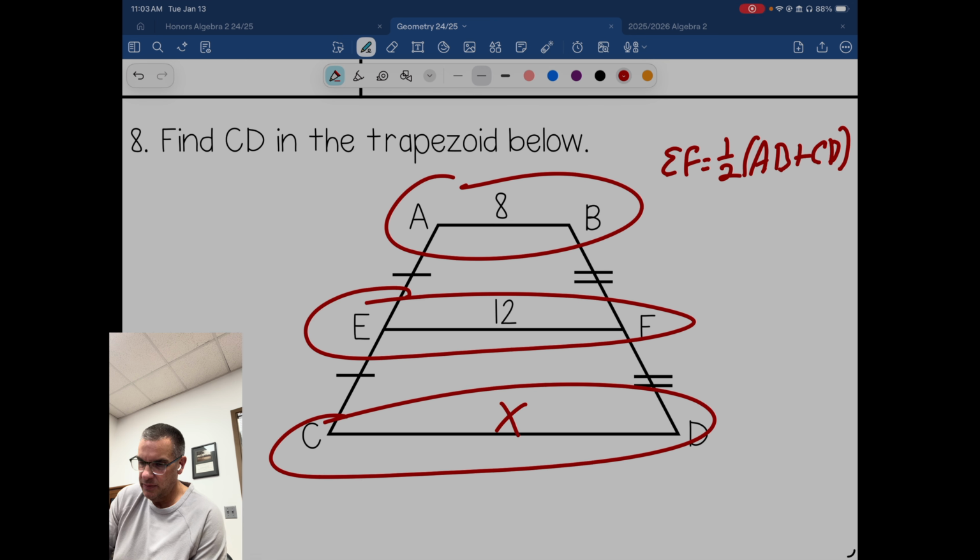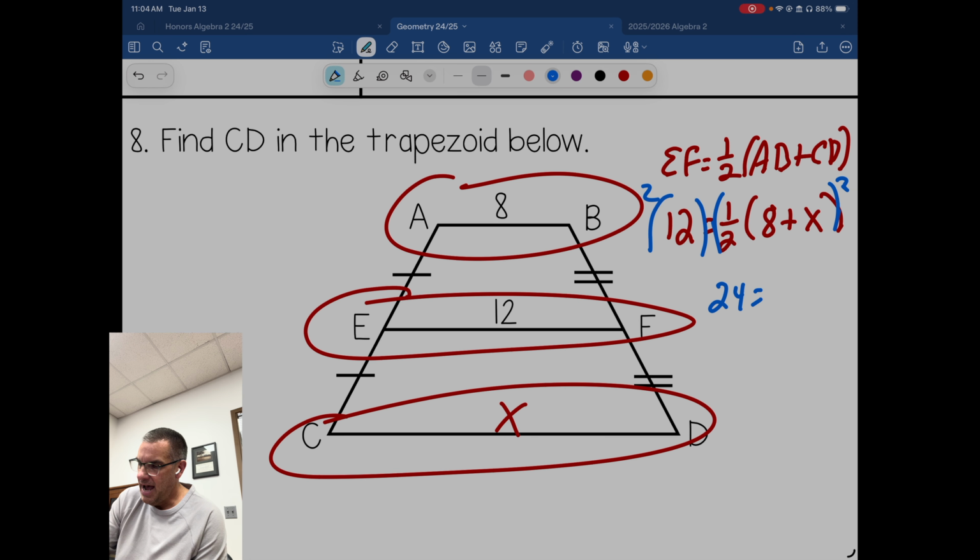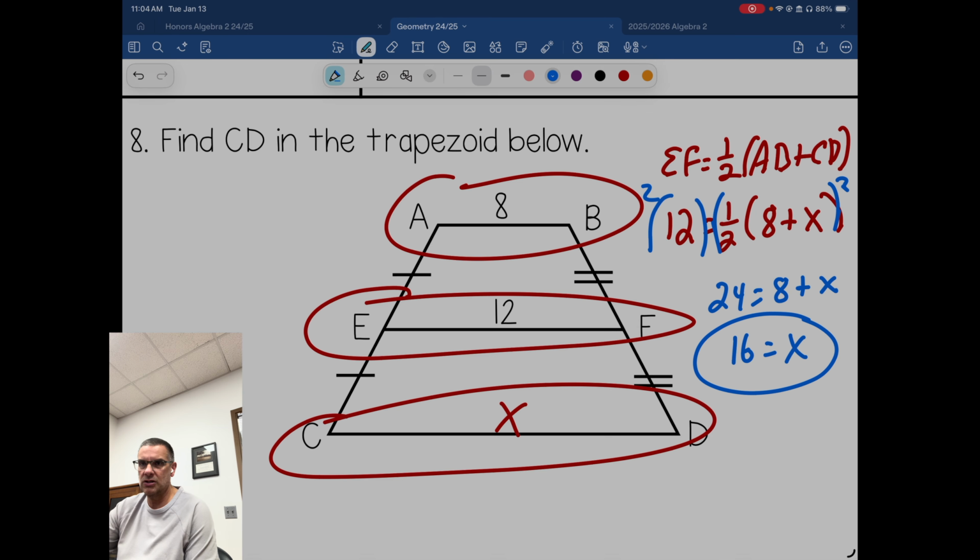So CD is what we have to find, so I'm going to make that an X. EF's length is now 12, AB's length is 8, and I'm just going to make CD an X there. Well, I don't like fractions, and the easiest way to get rid of fractions is to multiply both sides by the denominator of that fraction. 2 times 12 is 24. Half times 2 is 1, so I'm just left with 8 plus X. X is equal to 16. And there's our solution, and we're done.